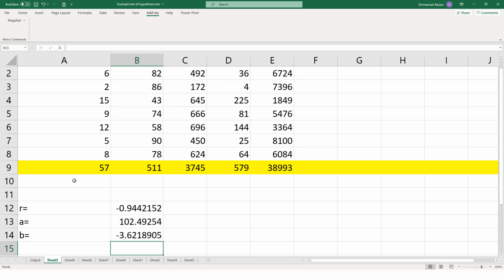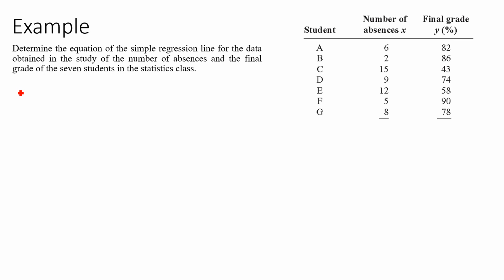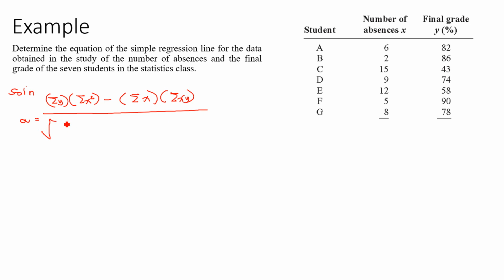Let's transfer this one to our PowerPoint presentation. So for our solution, we have our A. So our A is the summation of y times the summation of x squared, minus the summation of x times the summation of xy, all over the square root of n times the summation of x squared minus the squared summation of x.